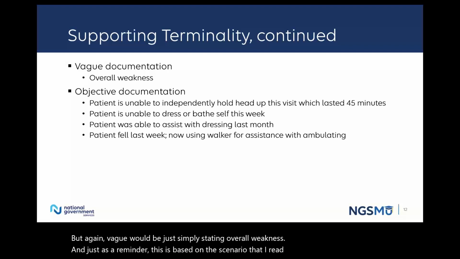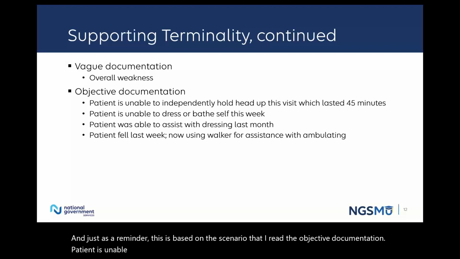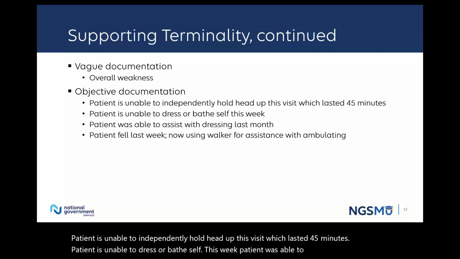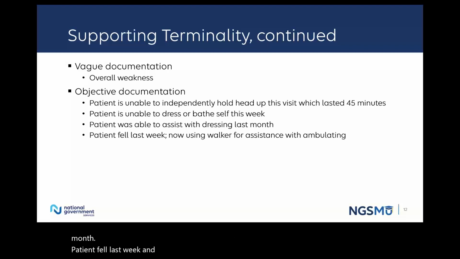The objective documentation: patient is unable to independently hold head up this visit, which lasted 45 minutes. Patient is unable to dress or bathe self this week. Patient was able to assist with dressing last month. Patient fell last week and now using walker for assistance with ambulating. So much more descriptive.